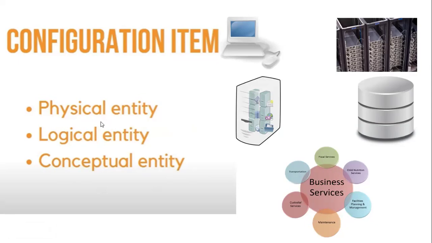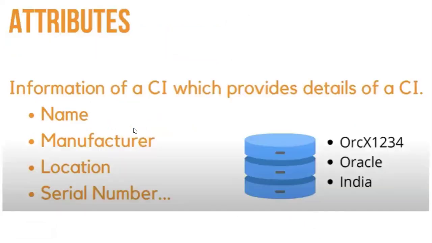So these three types of configuration item we have basically. Now it comes to the attributes. It's a very important term. An attribute is the information of a CI which provides details of the CI, like name, manufacturer, location, serial number.